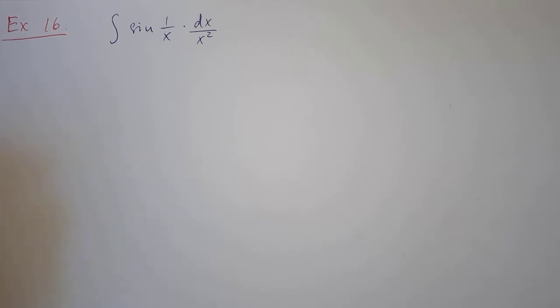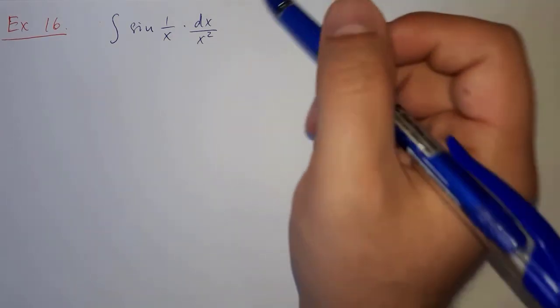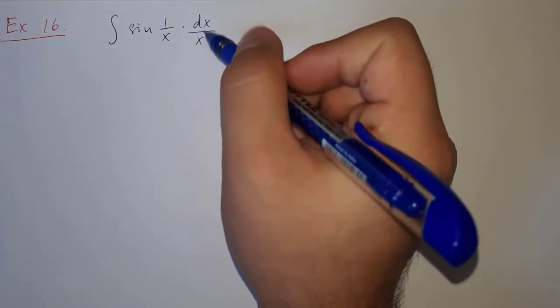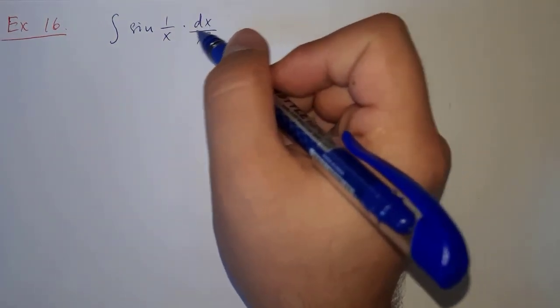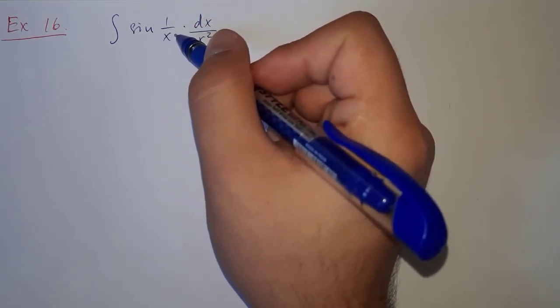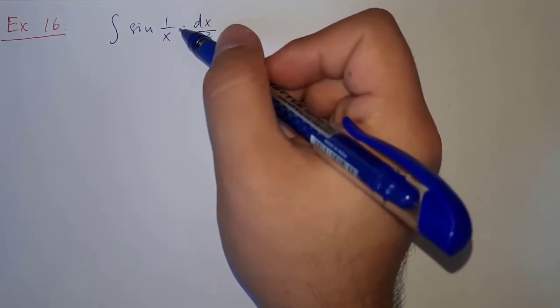And let's continue. The next example is to compute the integral of sine of 1 over x times dx over x squared. So here again we will use this rule of differentiation. We have dx over x squared, but in our variable we have 1 over x in the sine.